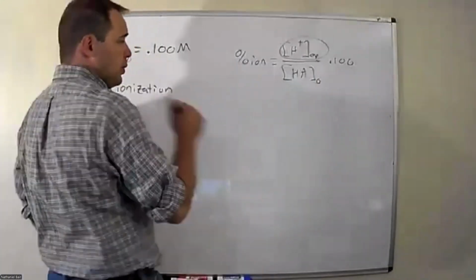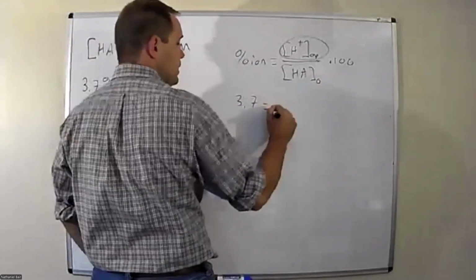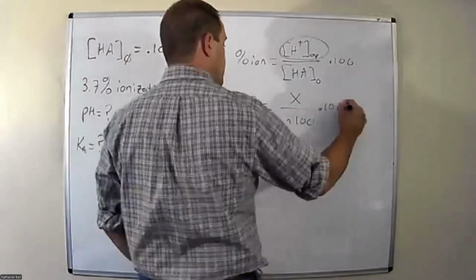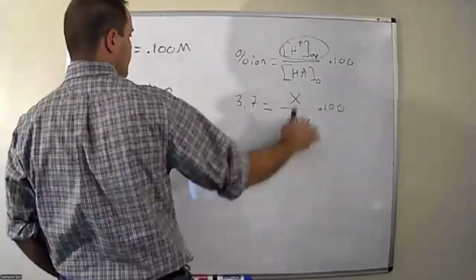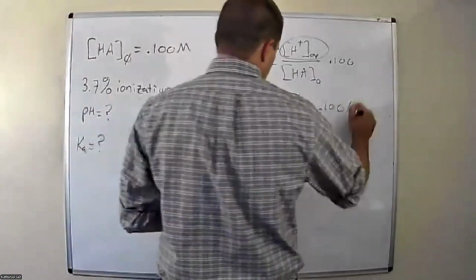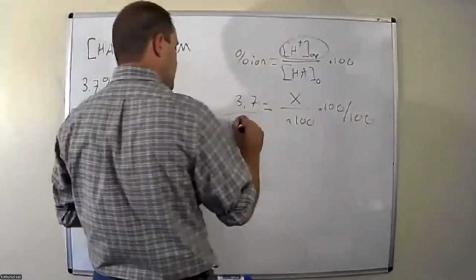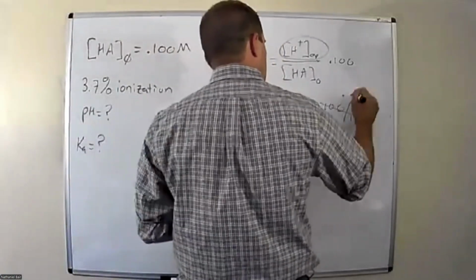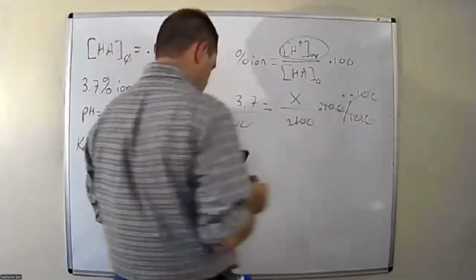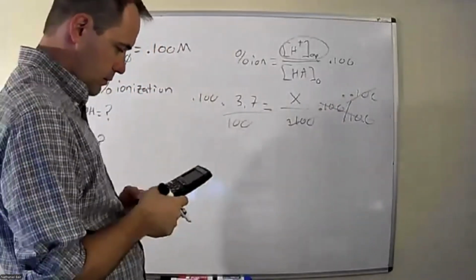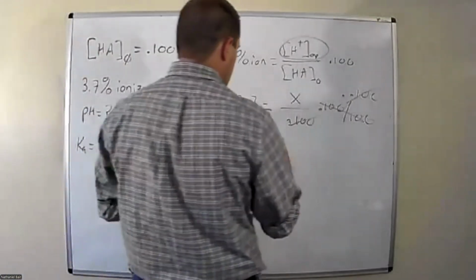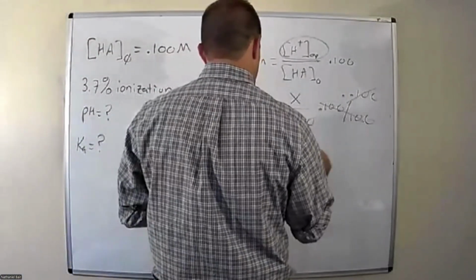So here we go. 3.7 equals x over 0.100 times 100. Divide by 100, and then multiply by 0.1. And we get x equals 0.0037.